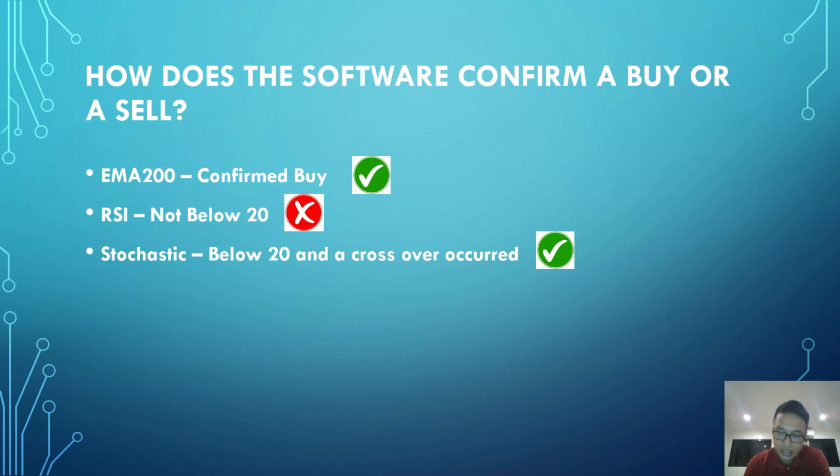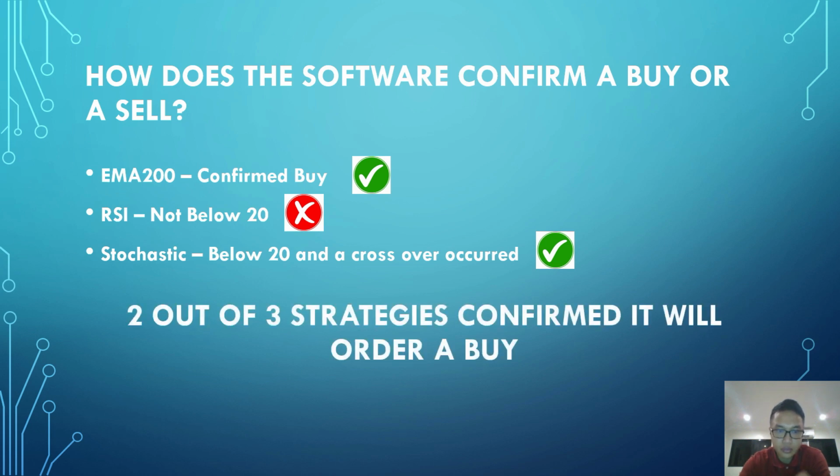So during this time, 2 out of the 3 strategies are confirmed, so the robot will now order a buy. That's basically how the robot confirms a buy or a sell.